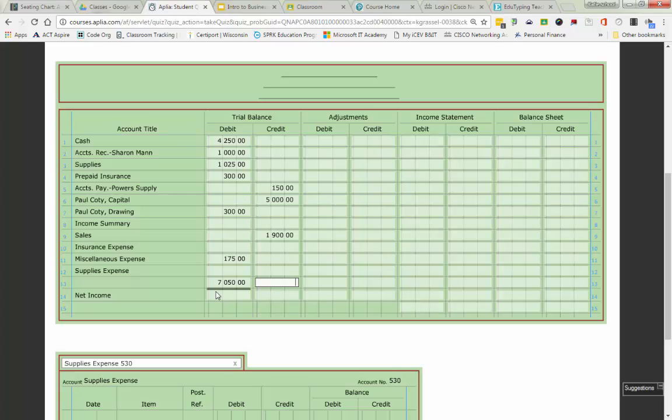The totals should go on line 13, not on line 14 on your worksheet. When I completed the worksheet, I have a trial balance, debit of 7,050 and credit of 7,050.